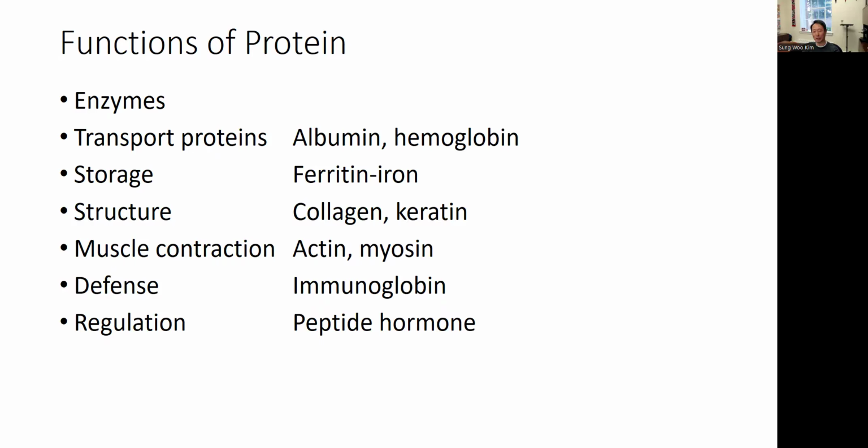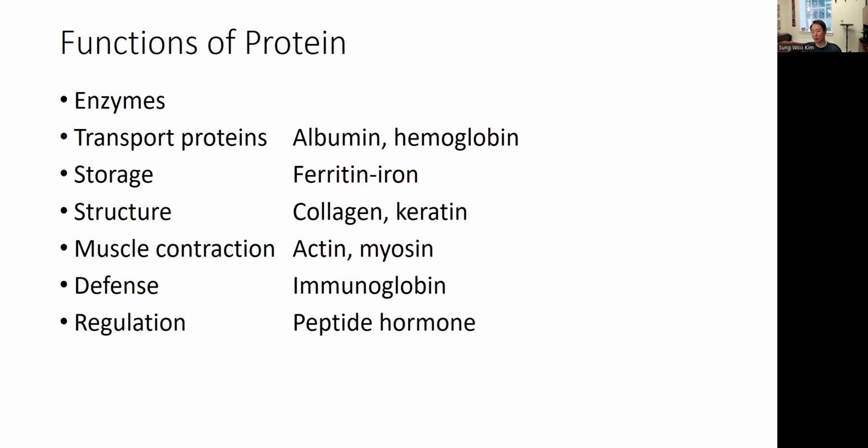There are types of protein called immunoglobulin. It has a very important role in the body's immune function, defending the body from invasion from the outside.